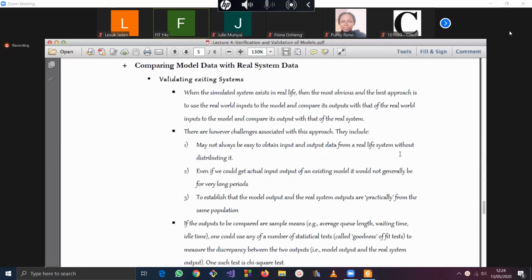Now, from a real system without distributing it, that's what it is like. If somebody gives you this data, you are given it in confidence. The bank is the custodian of this data, but they are not the owner.